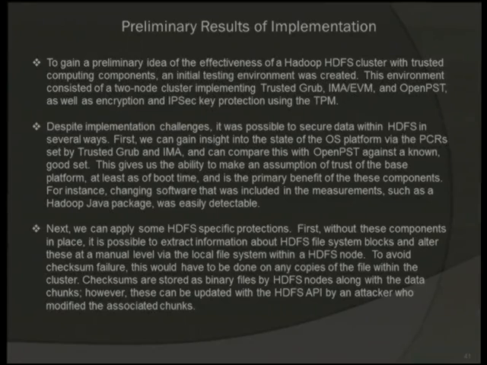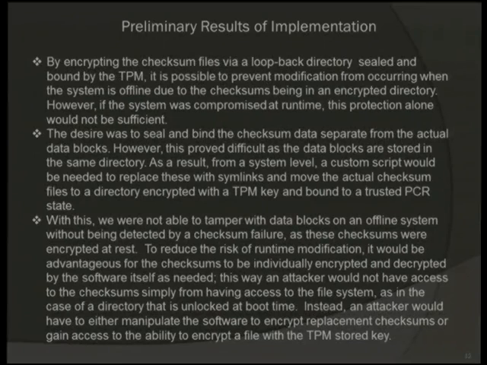It turns out that it's difficult to do because of the way it stores the checksums with the actual blocks in the same directory. With a little bit of fiddling, I was able to make this work. Essentially, we can protect these checksums via that loopback directory. And when the system's offline, if we were to modify a data chunk, this would be detected as a corrupt file.